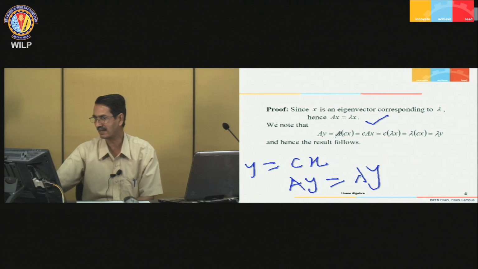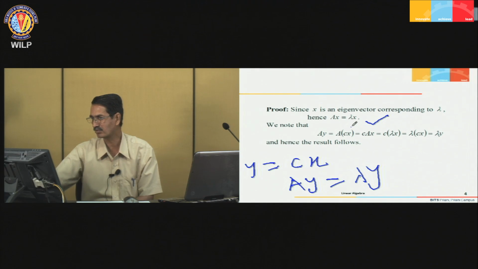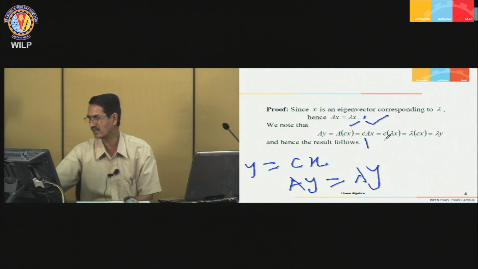Now, calculate A y, and y is your cx. So, substitute y equal to cx; c is a non-zero scalar, you can take it out. So, c into A x, then A x is again lambda x from the first equation, therefore, c into lambda x, and lambda you can take out. So, lambda into cx, and cx is your y. So, this is your lambda y.